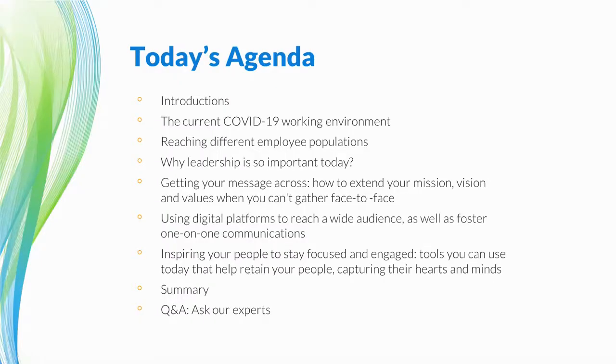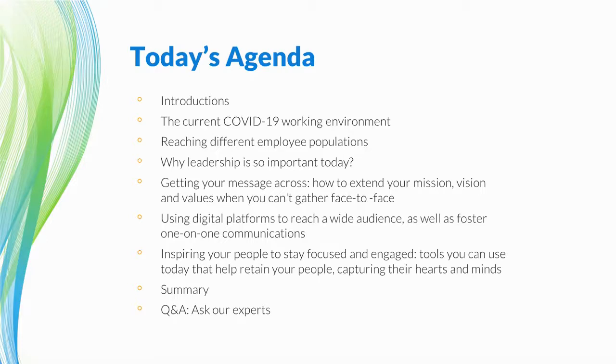Here's a quick agenda of what we're going to cover today. We'll briefly start by reflecting on the COVID-19 working environment, what this means for different employee populations, and what's at stake for them if you don't communicate effectively from the top. From there, we'll jump into the theme of today's topic: how exactly to get your message across as a leader.